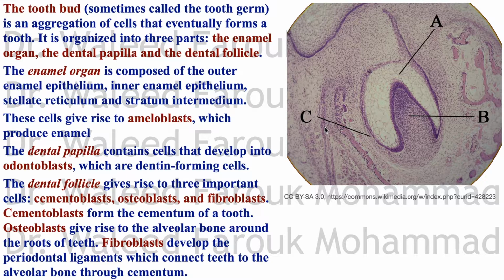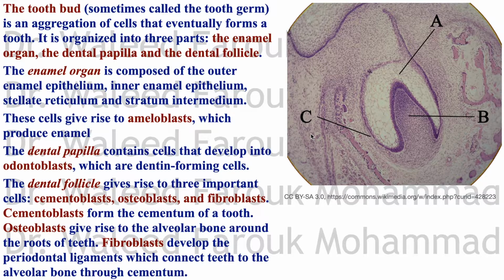The enamel organ, which is the one you see here, is formed of multiple layers: outer enamel epithelium, inner enamel epithelium, a layer called stellate reticulum, and a layer called stratum intermedium. These cells give rise to ameloblasts responsible for the formation of the enamel.